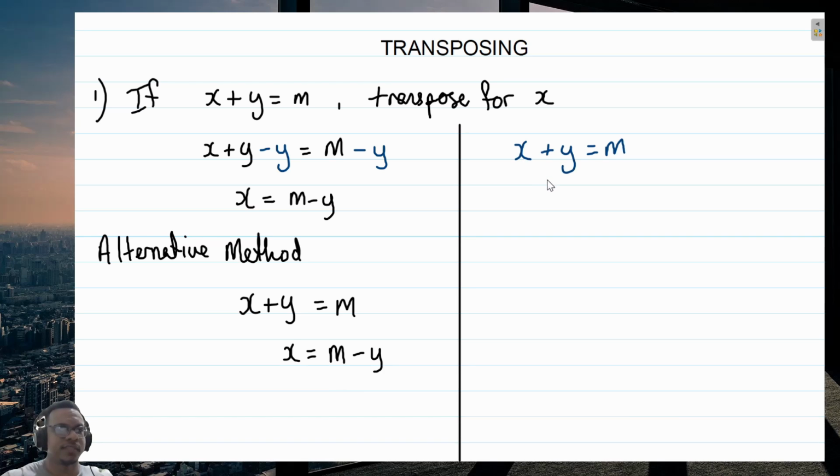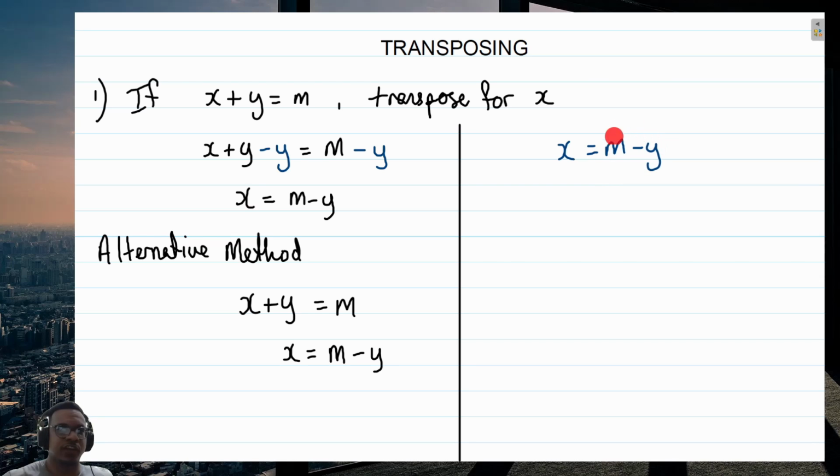Now let me show visually how we move things across the equal sign. So that's your answer here. Now you can write the negative y in front of the m. You just have to bear in mind that the sign in front of the m is a positive sign.